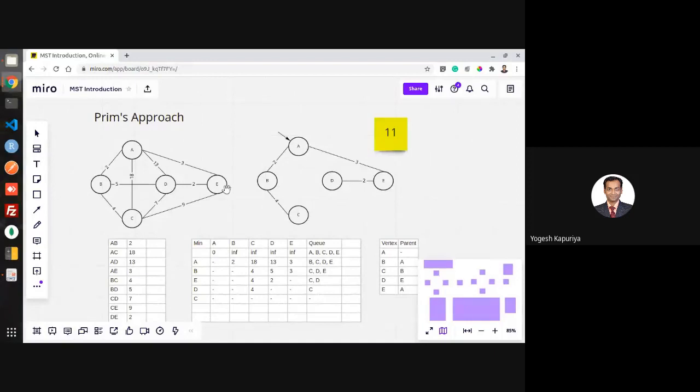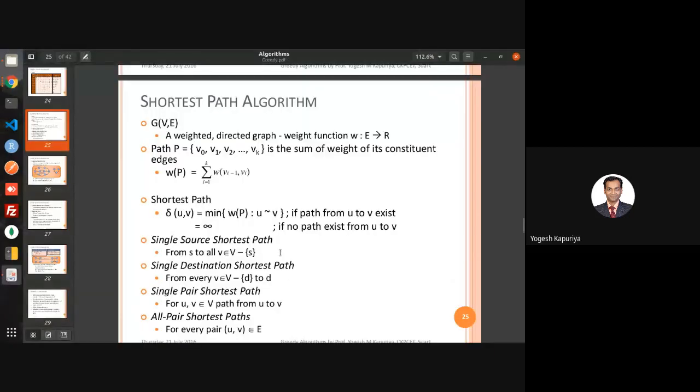So I hope the problem statement is clear. What we have been given is a weighted directed graph with a weight function. Weight function means there is a weight associated with each and every edge. Path P is basically a subset of edges, like an edge from V0 to V1, then V1 to V2, then V2, V3, then V3, V4, then Vk minus 1 to Vk, where V0 is your source vertex and Vk is your destination vertex.